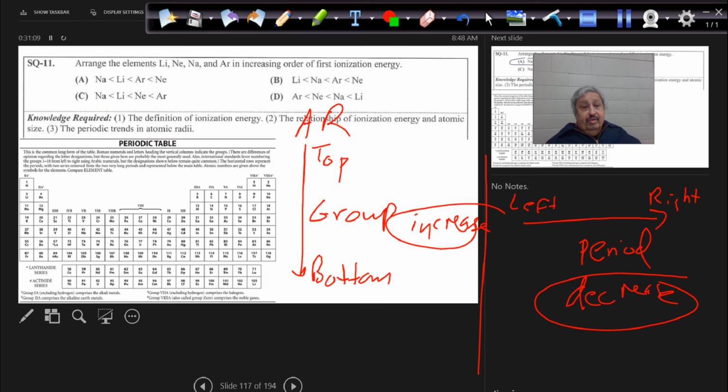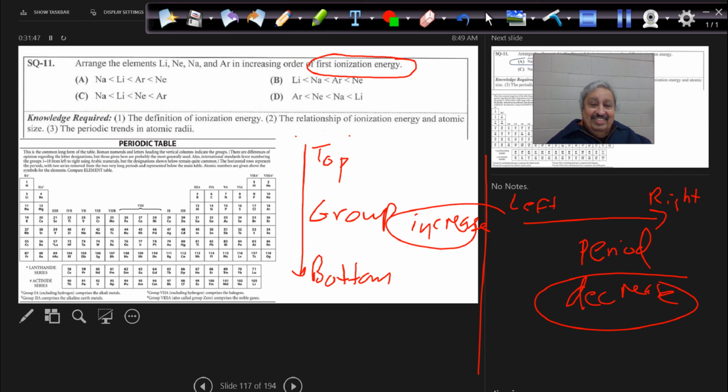So, which one? If you go from left to the right, that's a decrease, correct? An increase if you go from the top to the bottom. So, comparing sodium with lithium, sodium is bigger. Sorry about this. Let's speak not about atomic radius. Let's speak about what? Ionization energy. Well, the ionization energy is totally different.